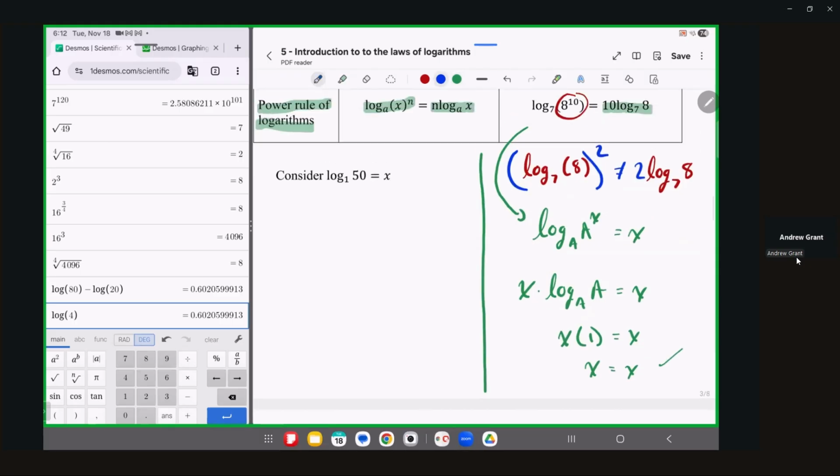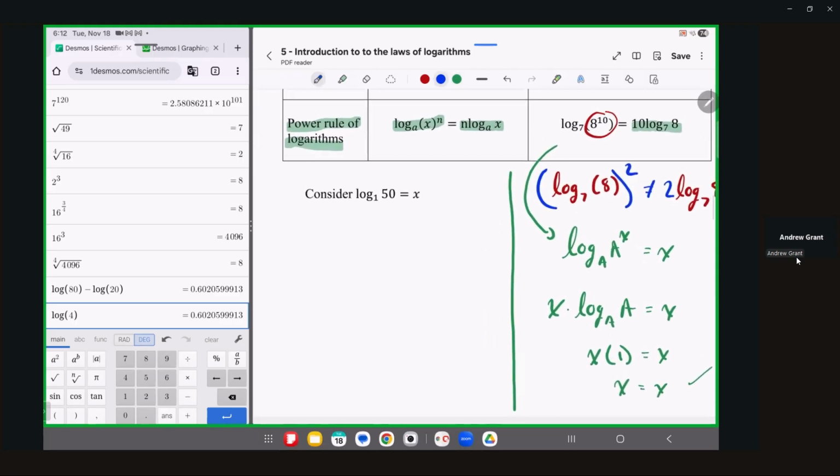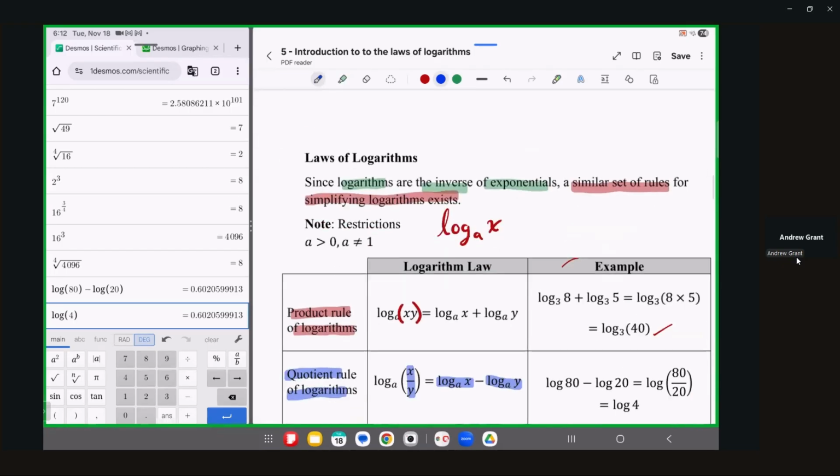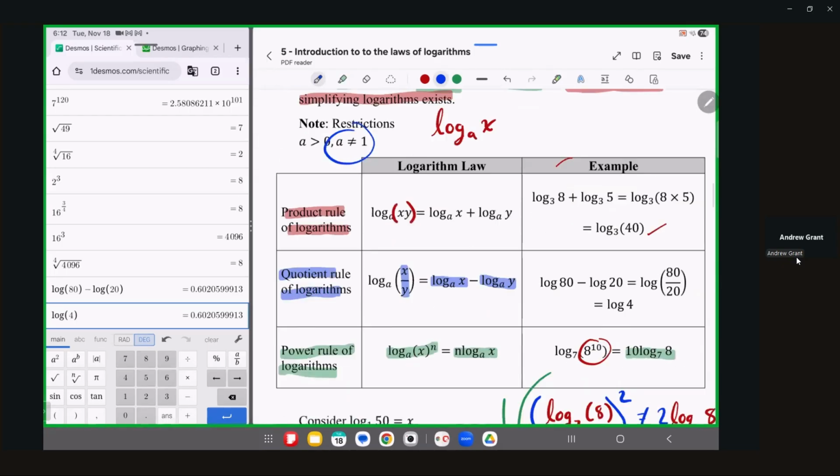Additionally, if we were having a look at log base 1 of 50 is equal to x, sometimes I get asked again, why can't you have a base of 1?